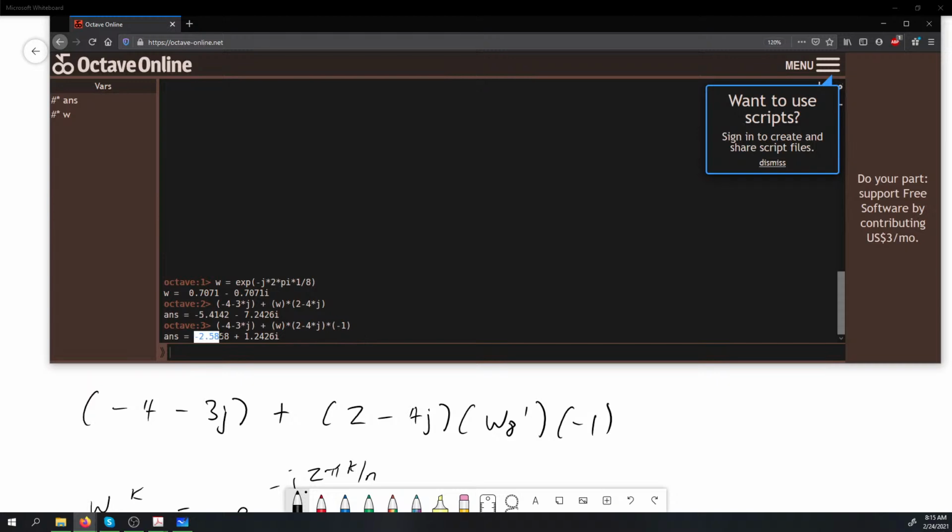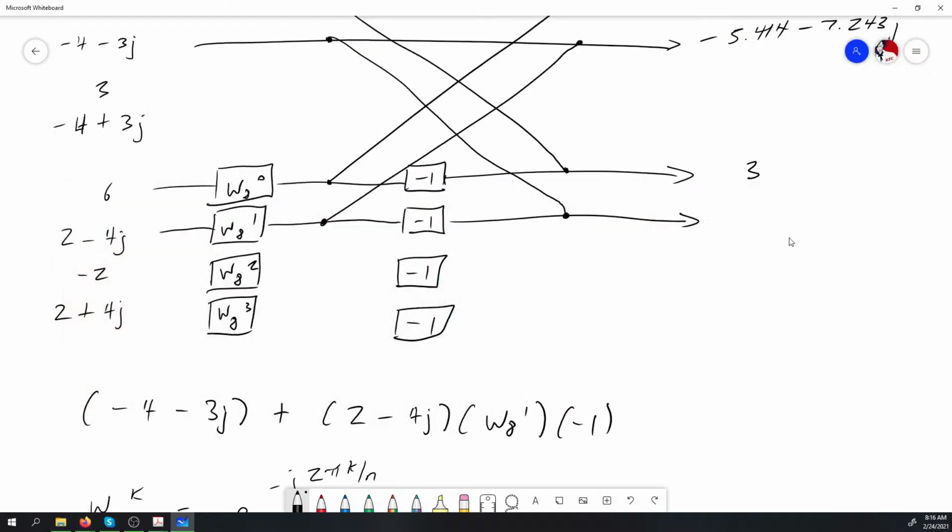So in this case, our answer for the second half, I'm just going to round that to 3 decimal places. So this here is going to be minus 2.586 plus 1.243.